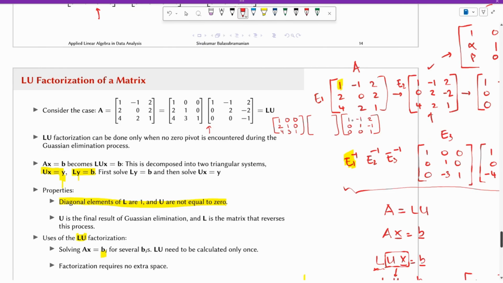You didn't do anything to row 1, so that will be 1, 0, 0. You multiplied the second row by half. So this will be 0. Third row you multiplied by minus 1. So this is your L, D, U. So you might see things like this sometimes in LU decomposition.